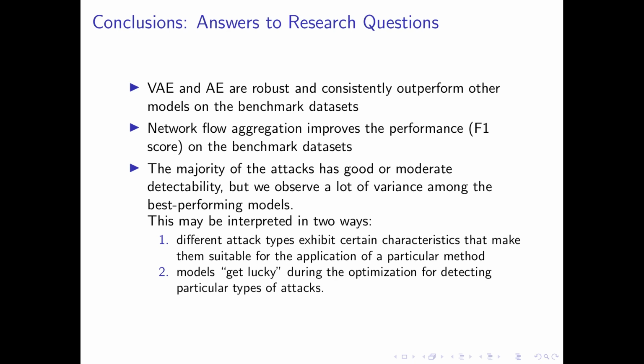They always were good at detecting a few, and then were a little bit worse at detecting some others. And we hypothesized that there are maybe two ways to explain it. The first is that the different attack types exhibit different characteristics that make them suitable for application of a particular method, or that the models just get lucky somehow during the optimization.